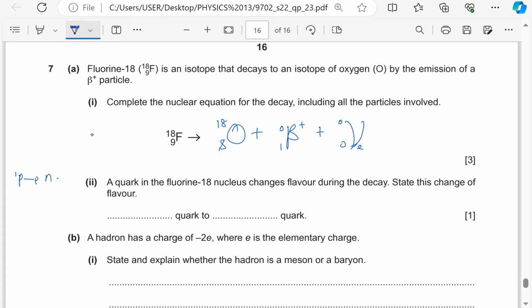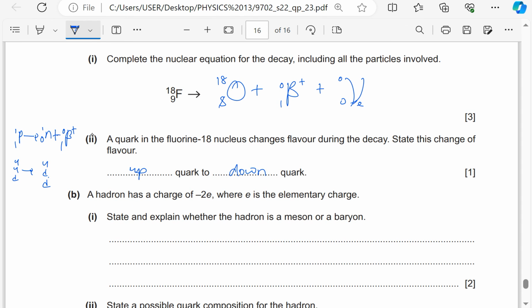That is, proton is 1 1, neutron is 1 0 plus beta plus, which is 0 1. So it is like a proton has changed into a neutron. So it is like up, up, down has changed to up, down, down. So we can say an up quark has changed to a down quark.